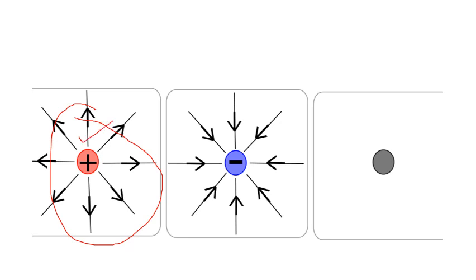Arrows in outward direction. If the arrows are in outward direction, it means this charge is positive. So all the arrows are in outward direction. We are showing here a positive charge.